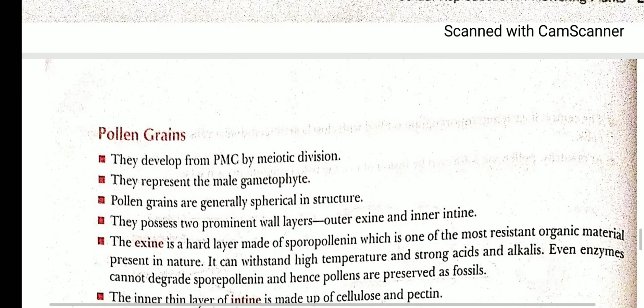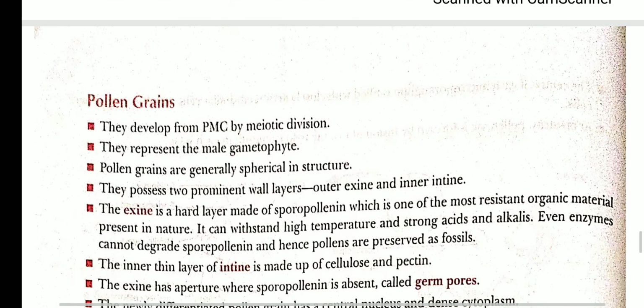The pollen grain develops from the pollen mother cells by reductional division, which is meiotic division. They represent the male gametophyte of a plant. Pollen grains are generally spherical in structure. They possess 2 prominent wall layers.